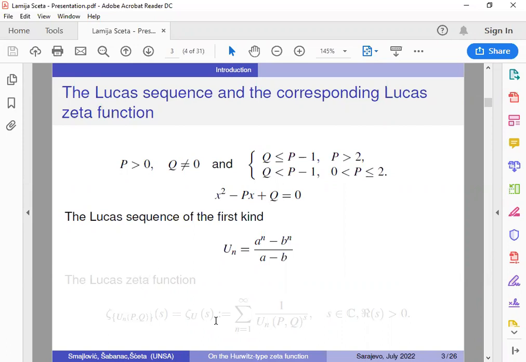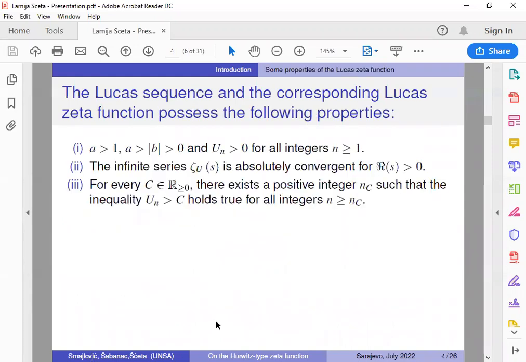Zeta functions in number theory carry important information about the objects they are related to. The zeta function corresponding to Lucas sequences of the first kind, which we will call the Lucas zeta function, was described by Kamano, who gives in detail the polar structure of the Lucas zeta function, and we'll use that in our work.